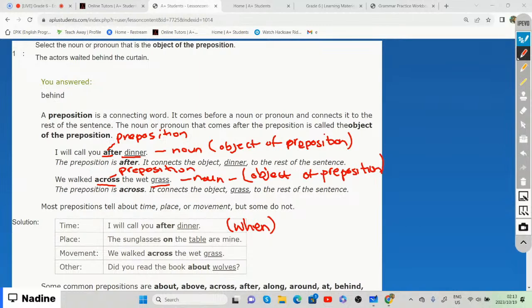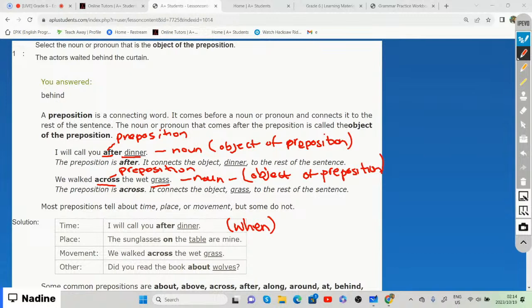After or before or later basically shows time. It shows when you are going to make contact with that person. So I will call you after dinner.